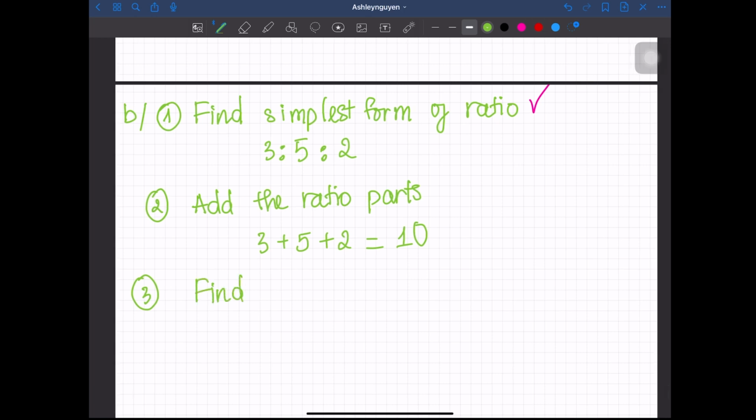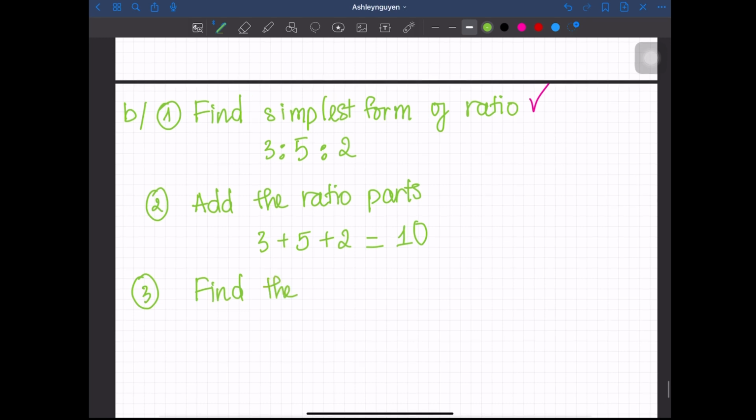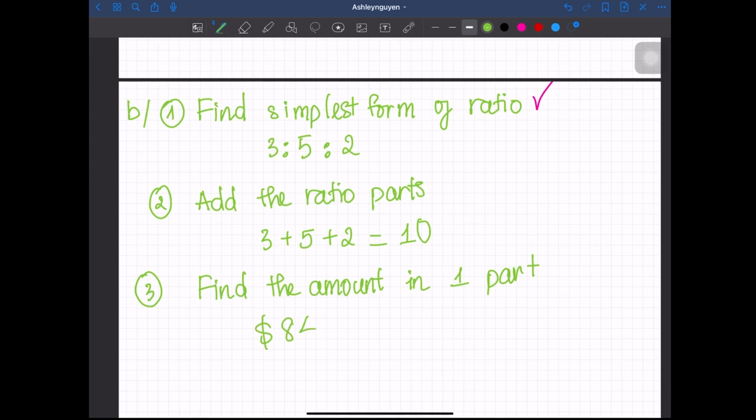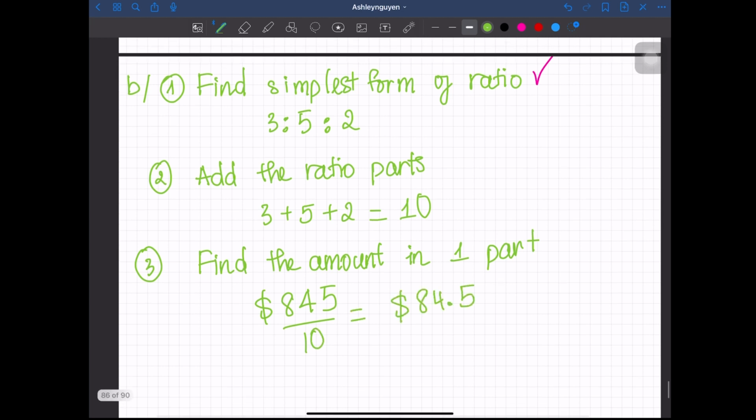Find the amount of winning in one part. So we would divide $845 into 10 parts equal to $84.5 each part.